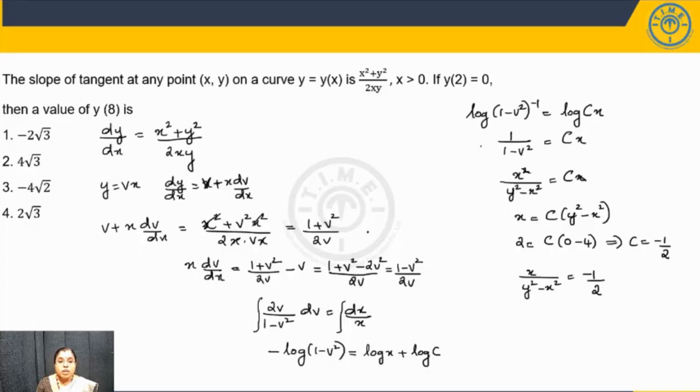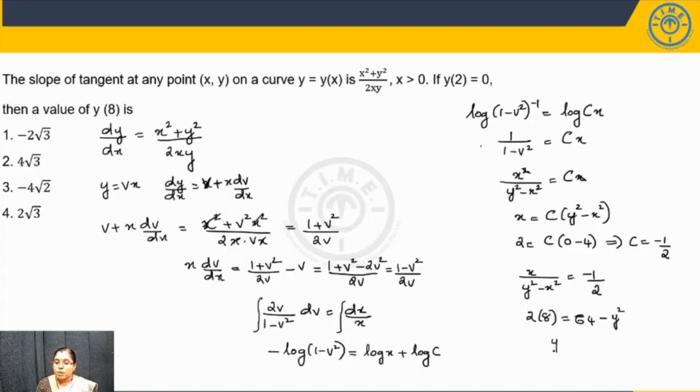Now we want y of 8. When x is equal to 8, we want what y is equal to. So let's rearrange. So 2 into 8 equal to minus of y square minus x square, or let us write x square minus y square. What is x square? 64 minus y square.